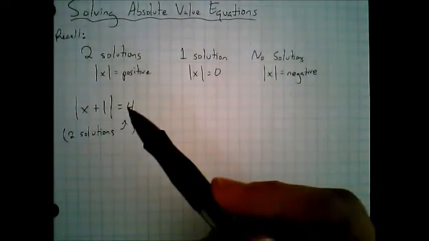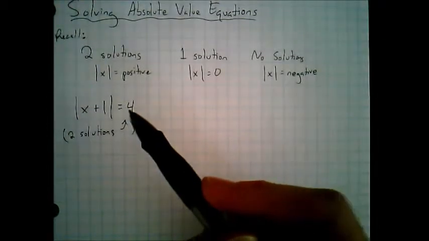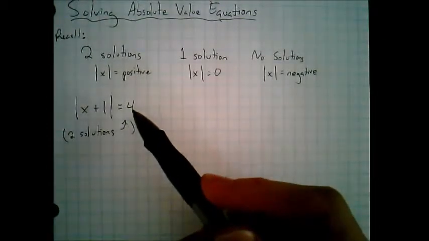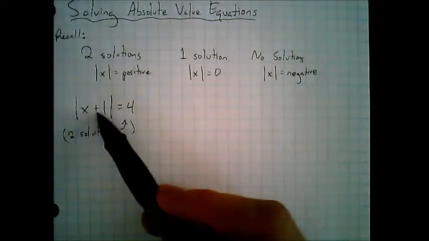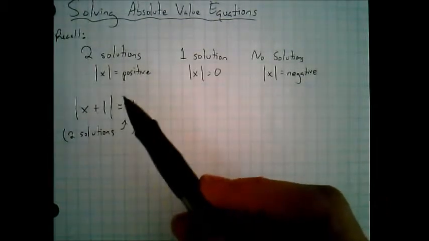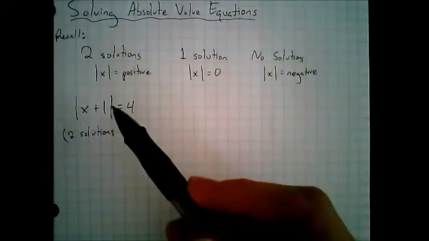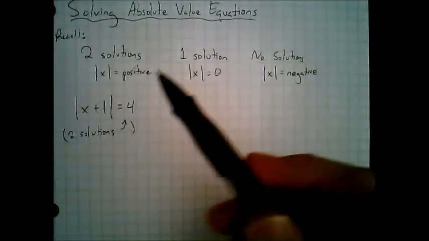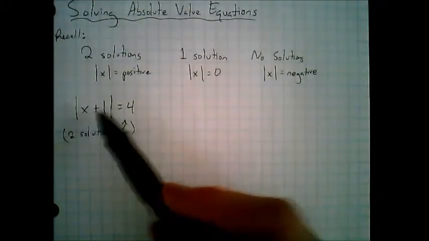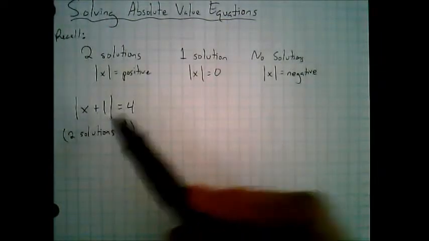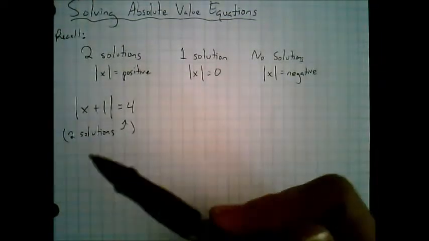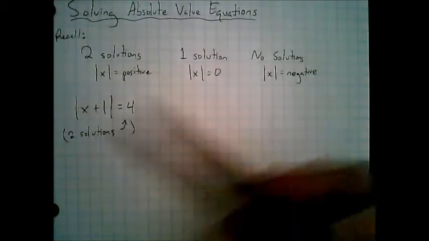I also know the absolute value of negative 4 is 4. So I want to think, how could I get x plus 1 to equal negative 4? What does x have to be so that x plus 1 gets me that negative 4? It's not negative 4, because negative 4 plus 1 is negative 3. The absolute value of negative 3 is positive 3. So you keep playing around until you get it.